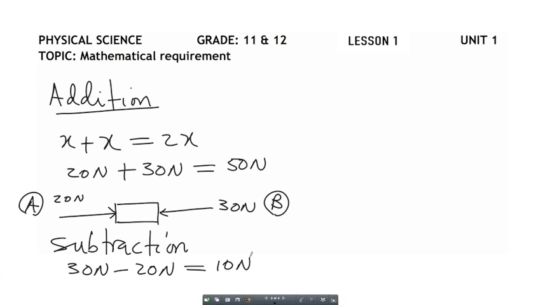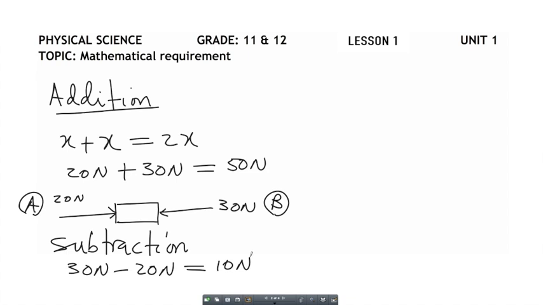Now we can already see from this example that if we are talking about addition, it means we need to consider what we call like terms. For addition, we gave the first example of x plus x to give us 2x, whereby in a situation where you have two forces that are in the same line, you can have 20 Newton plus 30 Newton to give you 50 Newton. So basically it means it can only be added if you have like terms.